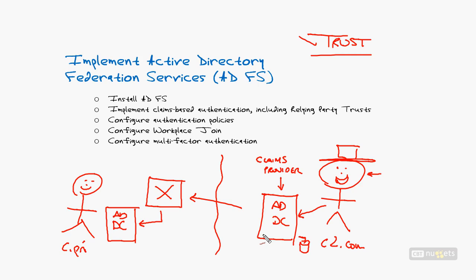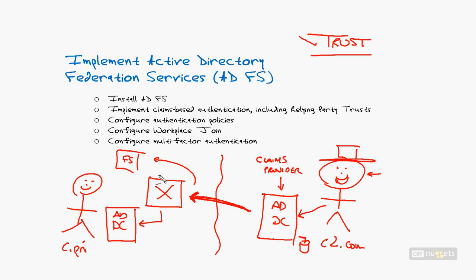The claims provider here can take certain attributes, whatever ones we're interested in, and use that as a mechanism to deliver the results of the authentication, the claims that we identify out of that authentication, the attributes that I'm interested in sending in this direction, over to my location over here where I have some Federation server set up. In fact, I should move this arrow over here because that's really where it goes.